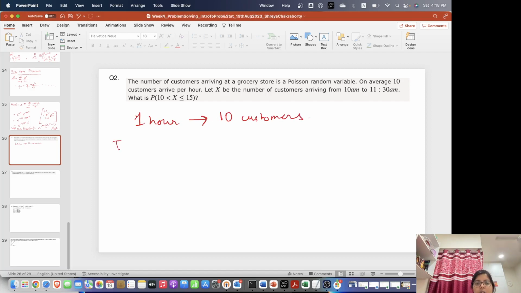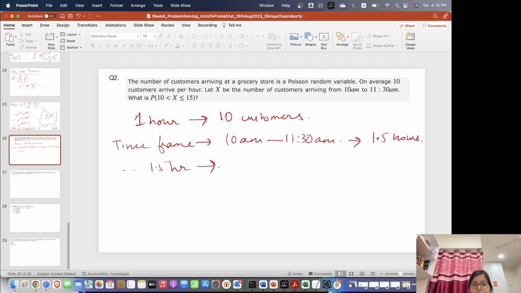Now our time frame is 10 am to 11:30 am, that is 1.5 hours. Therefore in 1.5 hours we would get approximately 15 customers on an average.